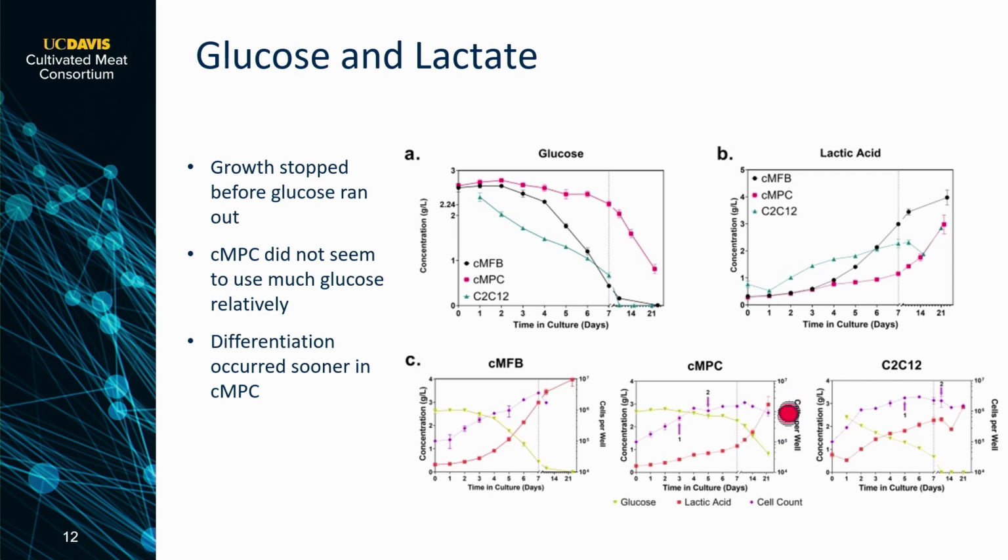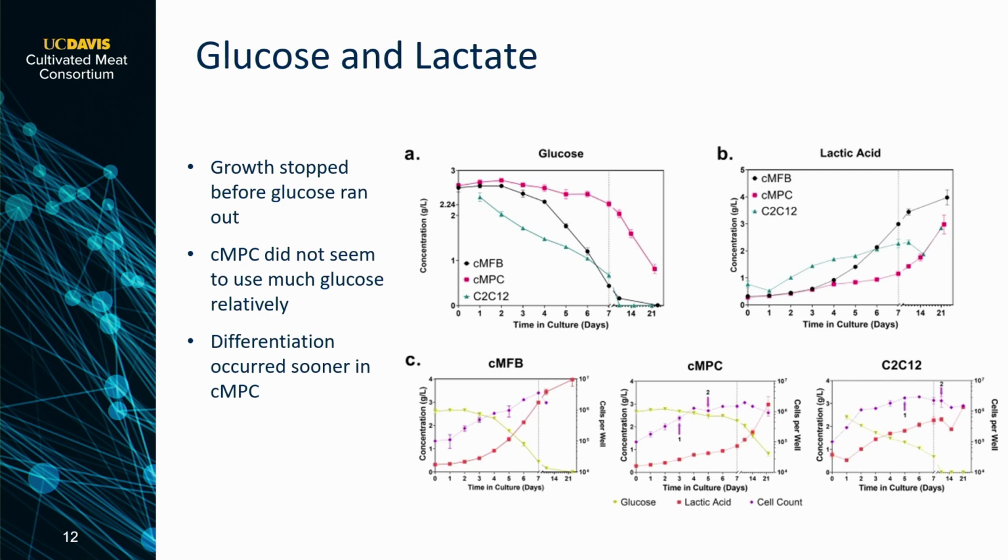And keep in mind the right y-axis is a log scale, so that straight line is exponential growth there. So you can see that, for example, the CMFBs, the muscle fibroblast cells from chicken, are continuing to grow and survive even though the glucose is being depleted pretty significantly towards 7 days in culture.